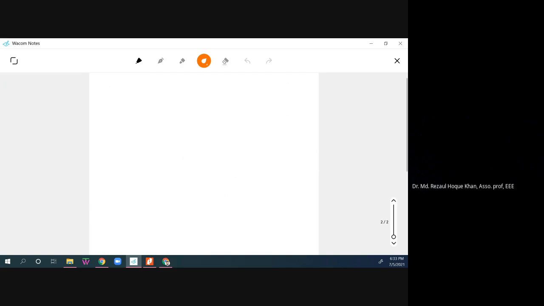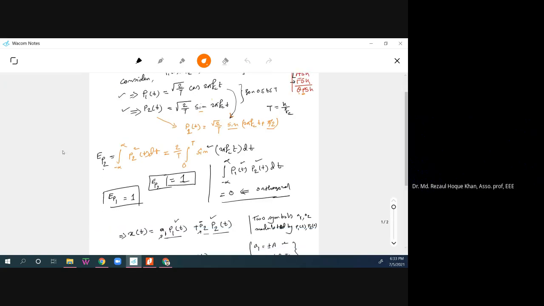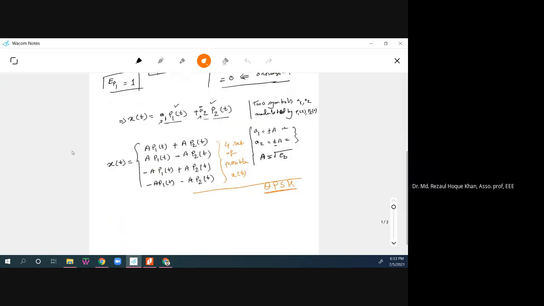So this is the transmission, how the signal will be transmitted. The signal has 4 possible combinations. We will take one of them, for example this one, and see how we can derive it.